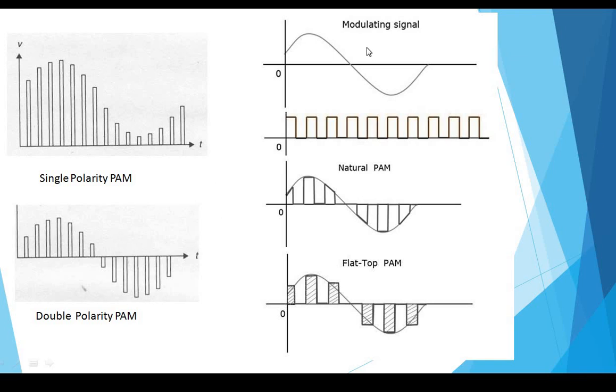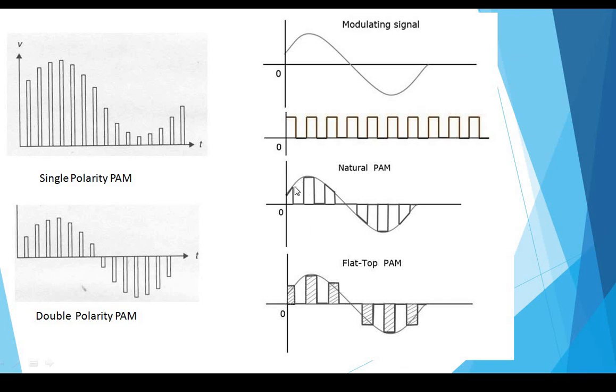Now see the pulse amplitude modulation. First I am giving the figure, then I will explain the operation. This is your modulating message signal and this is your pulse carrier, which is multiplied, and you get a naturally sampled PAM. Look very carefully at the difference between natural and flat top sampling.